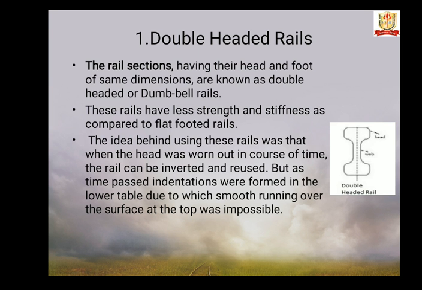The idea behind using these rails was that when the head was worn out in the course of time, the rail could be inverted and reused. But as time passed, indentations were formed in the lower table, due to which smooth running over the surface at the top was not possible.